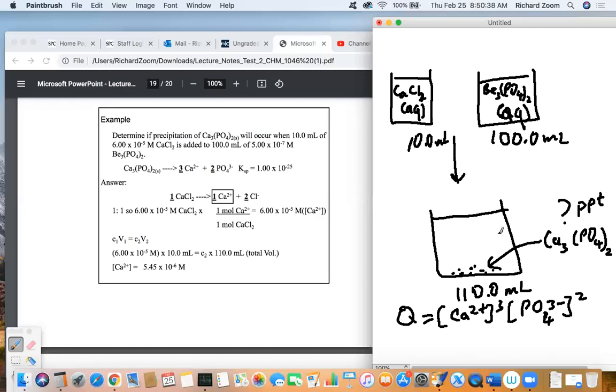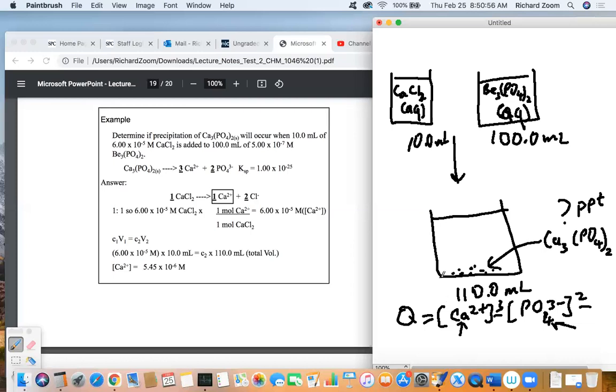Okay, so we have to determine this concentration of Ca2+ and this concentration of PO43-. Is everybody okay with where I'm getting the cubed and the squared from? Anybody have any questions?